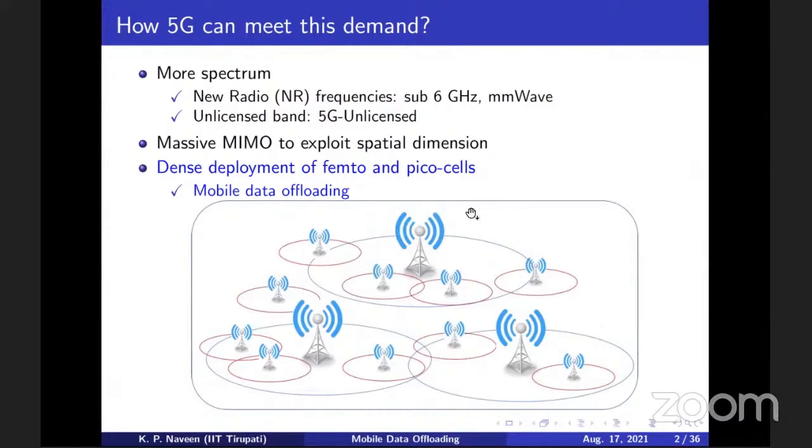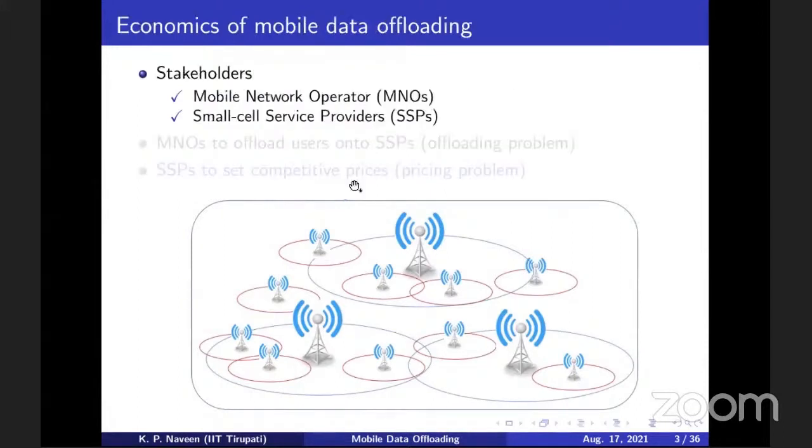And once revenue is involved, a lot of economics will come into play for both the MNOs, mobile network operators, as well as the small cell providers to take advantage of this process of data offloading. So the focus of this talk will be on the economics of mobile data offloading.